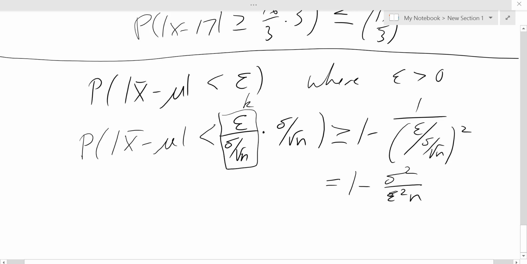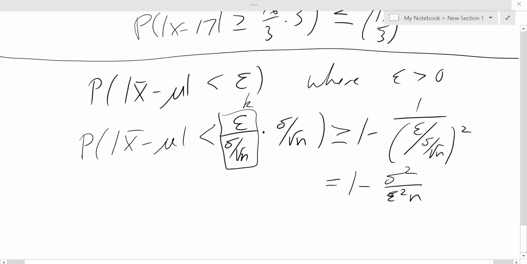You've done this stuff when we talk about margin of error ideas, right? How big does the sample size need to be to be within this region with a certain probability? That's that same idea. No matter how close, I want to make sure that there's some reasonable amount of probability that I'm going to be close enough to my population mean by taking my sample mean.